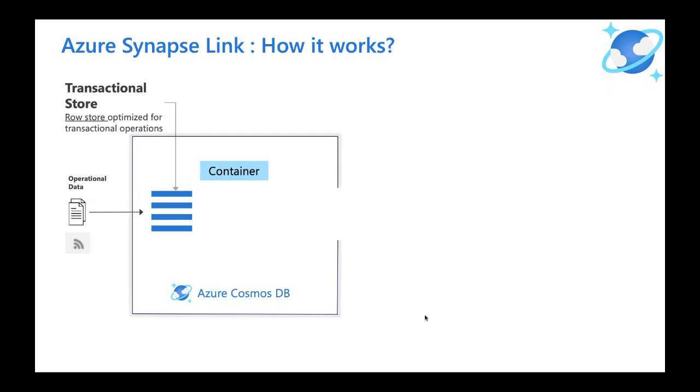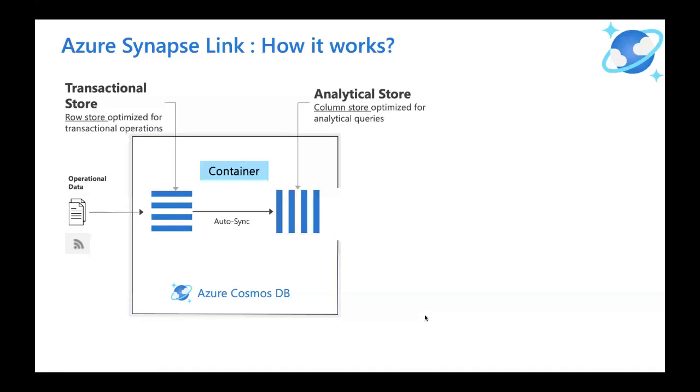Now, in addition to that, there is a fully managed native analytical store within the same Cosmos DB container, right? Now, this is a column-oriented store as opposed to the row-oriented store which the transactional capabilities use. And this column-oriented store is optimized for analytical queries over large volumes of data, right?